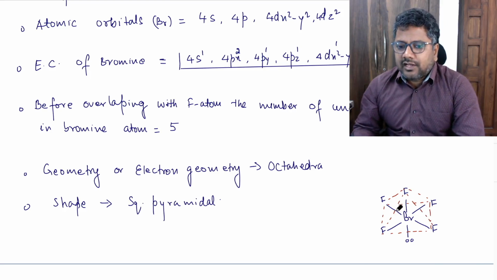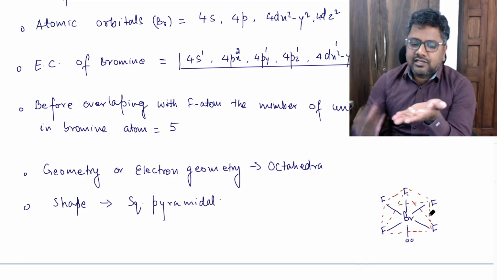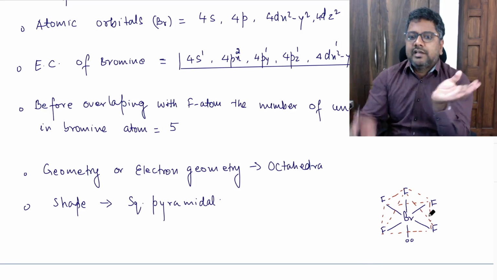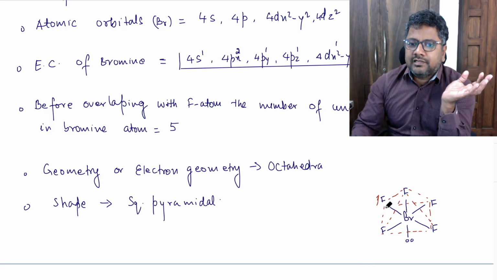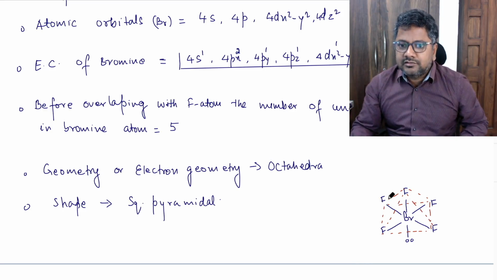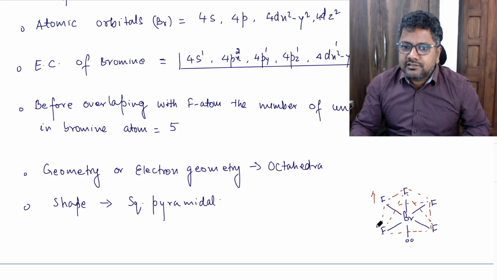What should be the bond angle? The ideal bond angle is 90 degrees here, but if there is a lone pair, it will push these fluorine atoms upward, like this, like this.